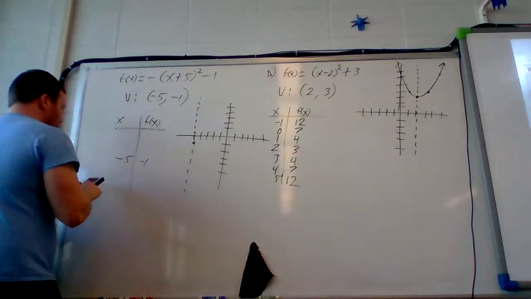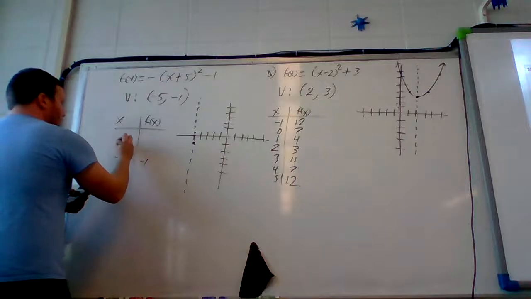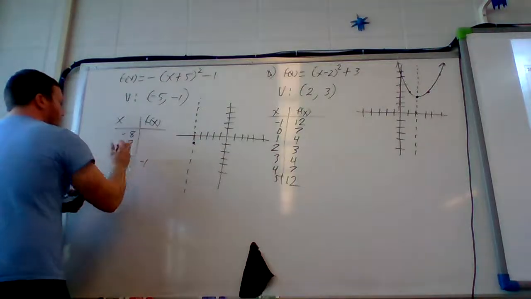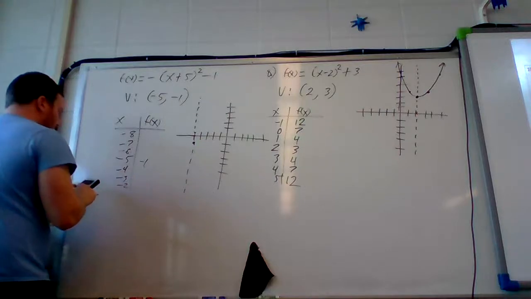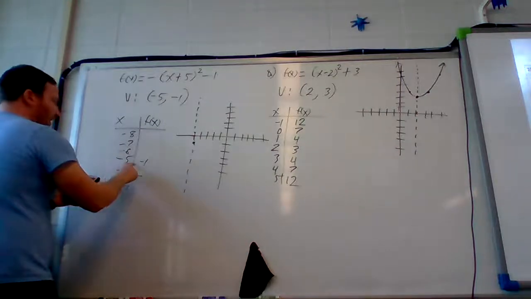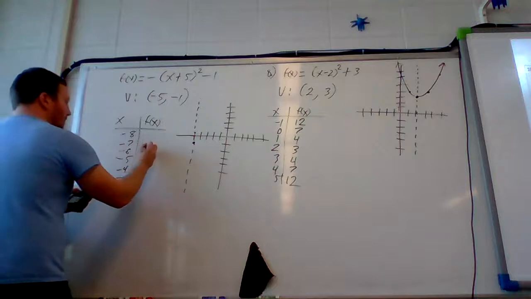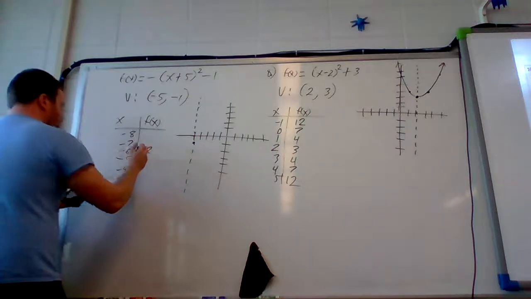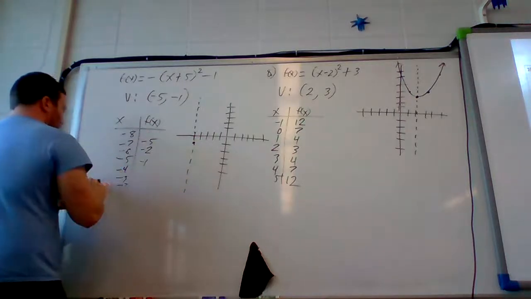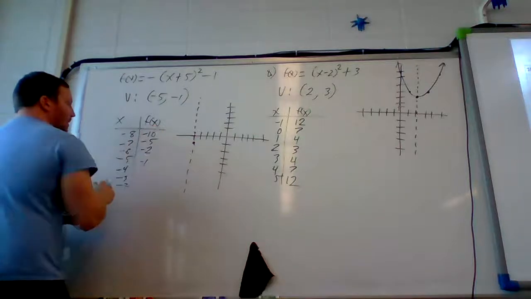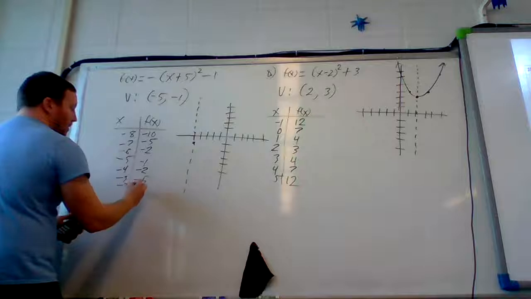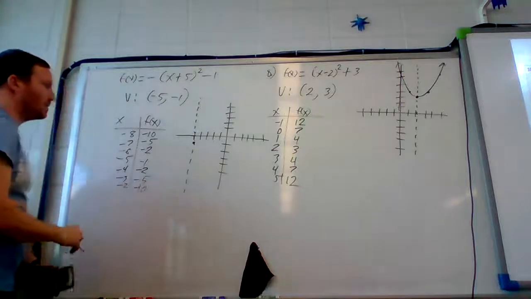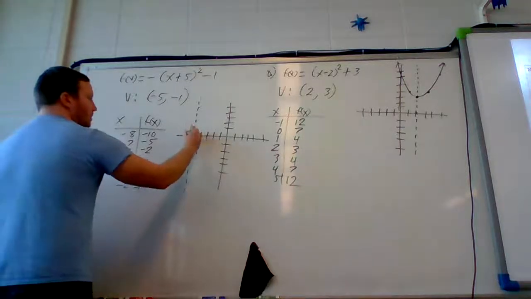So I'm at -5. So I'm going to go a little bit farther to the left, -6, -7, -8, -4, -3, -2. So -5, I was at -1, -6, I'm at -2, -7, -5, -8, -10. Of course, our opposite side is going to be a mirror image across that axis of symmetry.